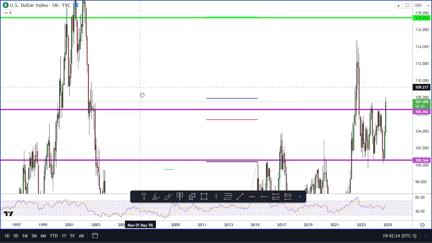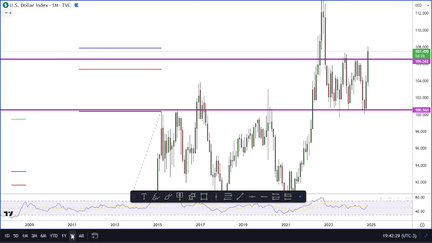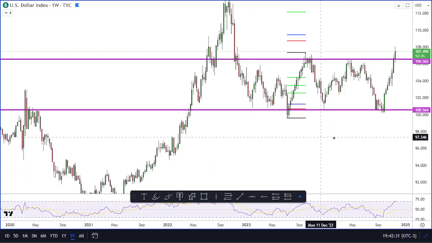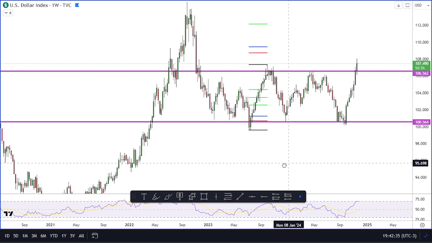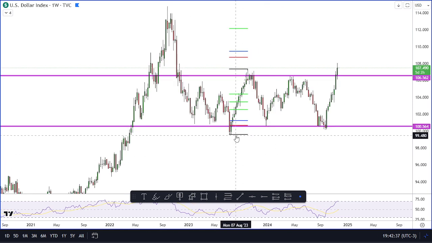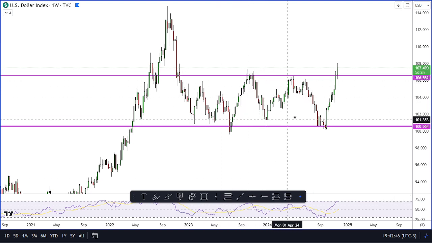All right, so let's just go to the smaller time frame, the weekly, and let's quickly talk about what we are seeing right here. Previously it was not necessary for me to use the Fibonacci right here. Why? Because of the consolidation.